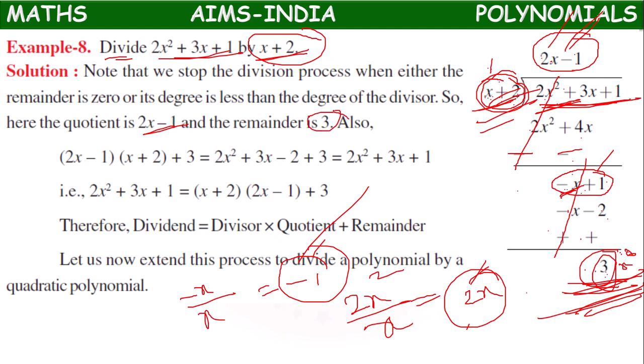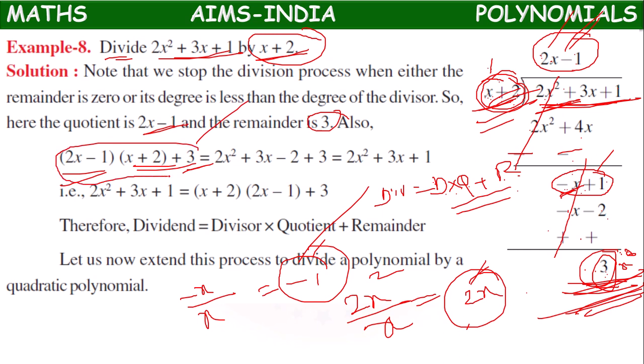According to the division rule, dividend equals divisor into quotient plus remainder, or quotient into divisor plus remainder. So 2x minus 1 is the quotient, x plus 2 is the divisor, plus 3 the remainder.